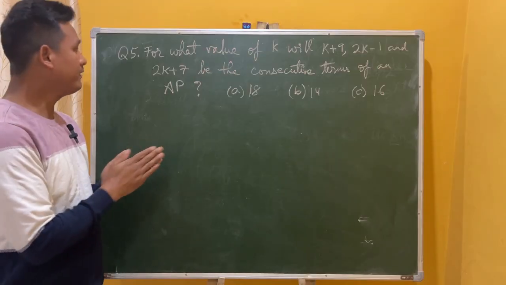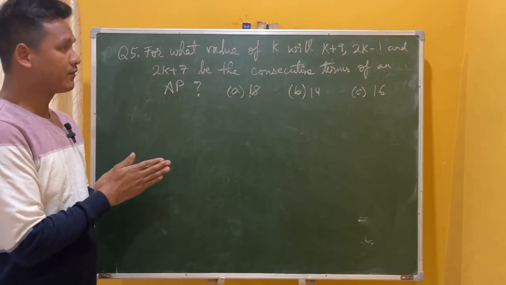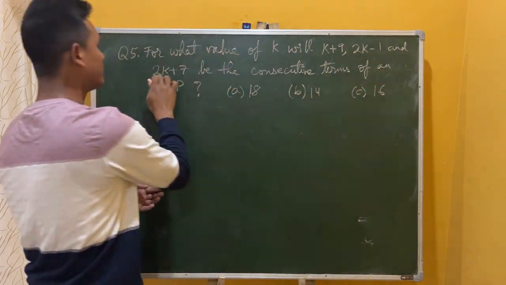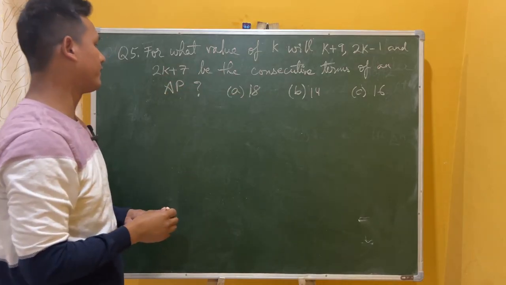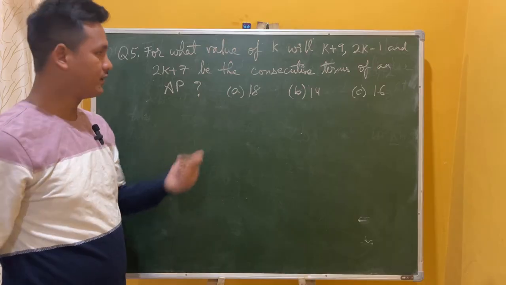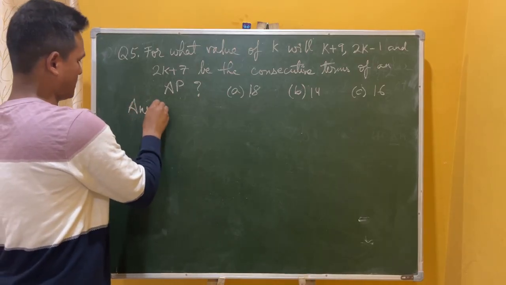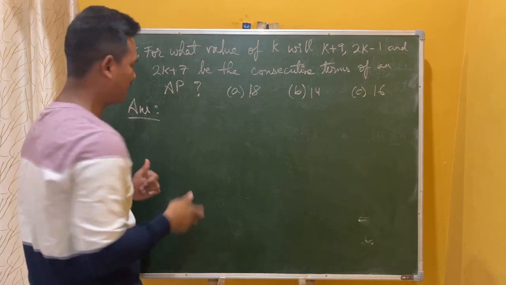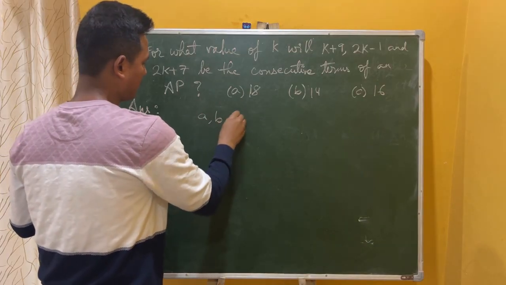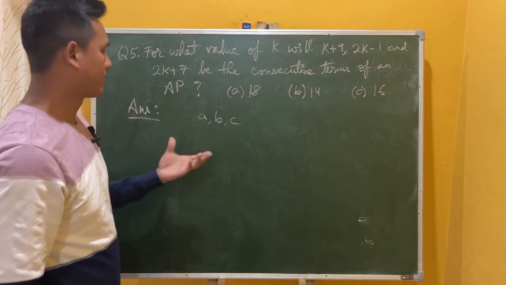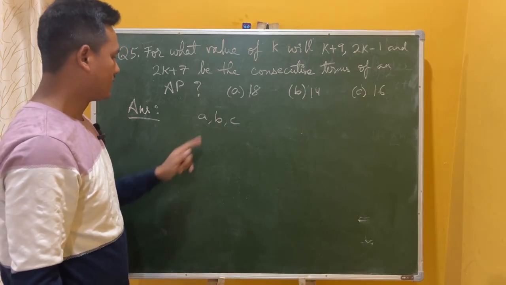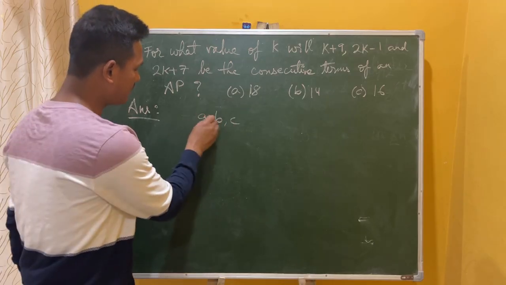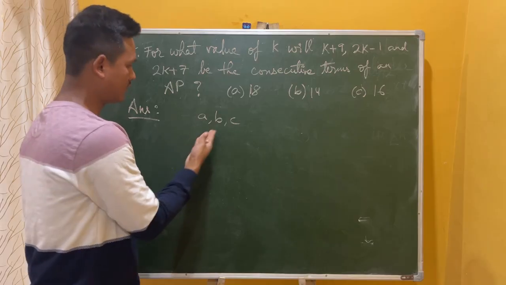So here is our question number 5. It says, for what value of k will k plus 9, 2k minus 1 and 2k plus 7 be the consecutive terms of an AP? So the options are here. Did you understand the question? Let 3 numbers be a sequence in AP, and if they are in AP, then the difference is the same, means constant.